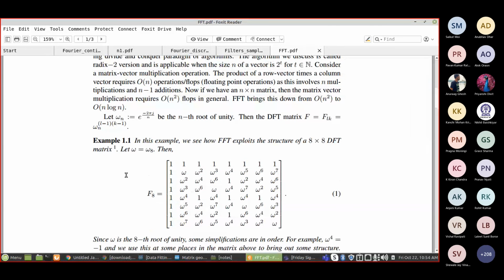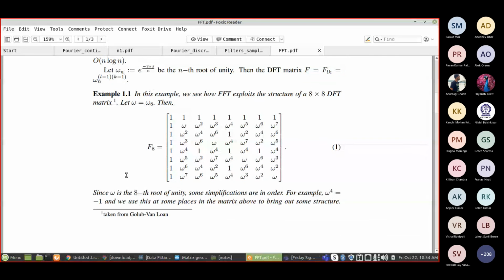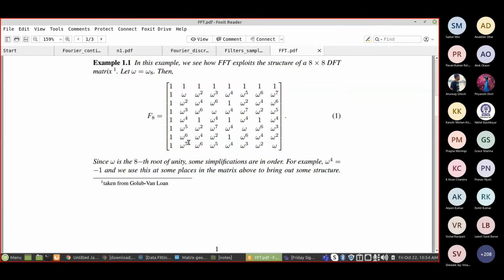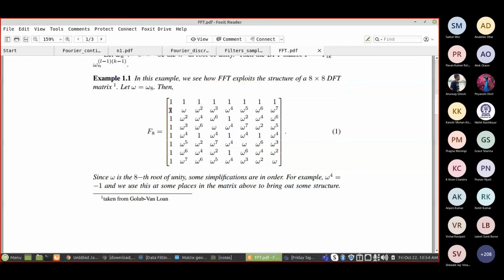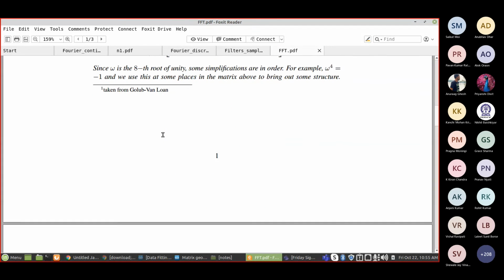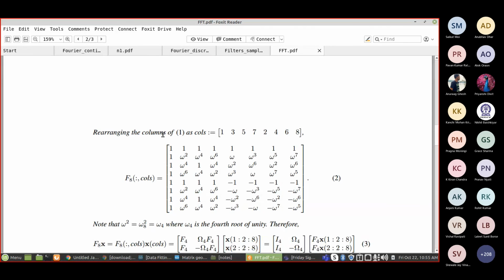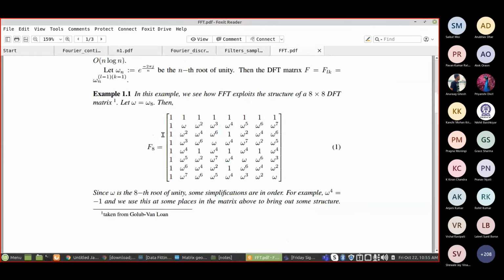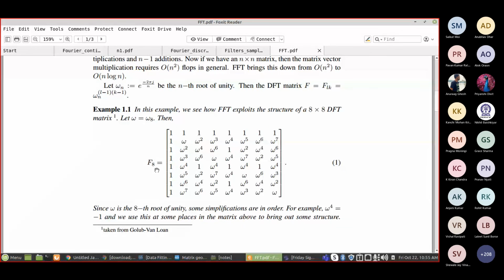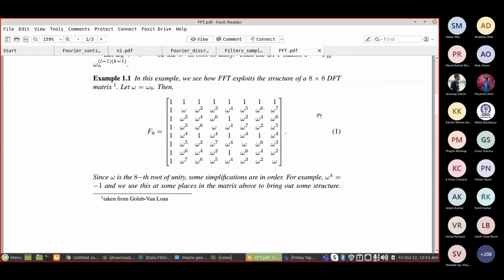So let me see if in 2-3 minutes I can quickly give you at least some glimpse of that, and then later we will continue. Let's look at this example at least. If we get started with this example, maybe that will help a little bit. So this is our FFT matrix, an 8 cross 8 matrix, and we are dealing with a signal of length 8.